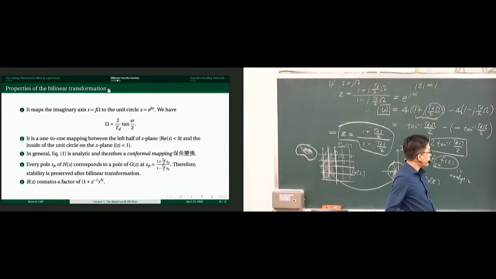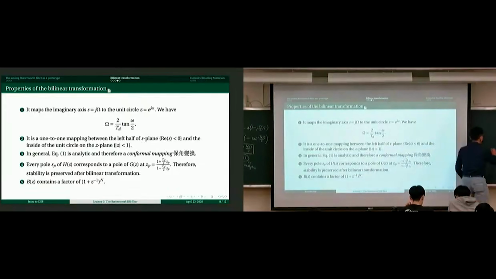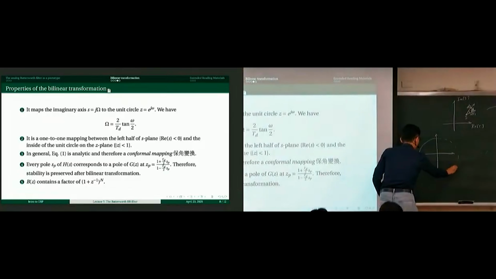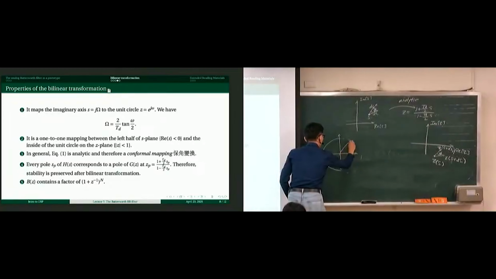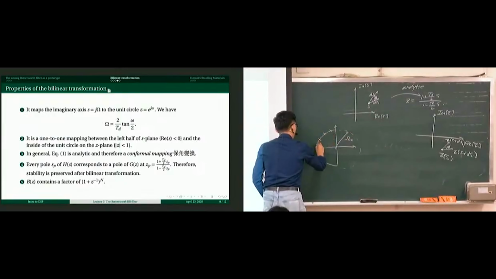Now imagine that since the left-hand side is mapped to the inside, okay? So remember that when we design the prototype in the S domain, we draw a big circle with radius omega c, right? And we are placing poles right here by cutting pizza, kind of.